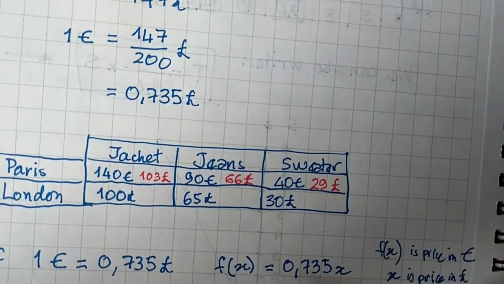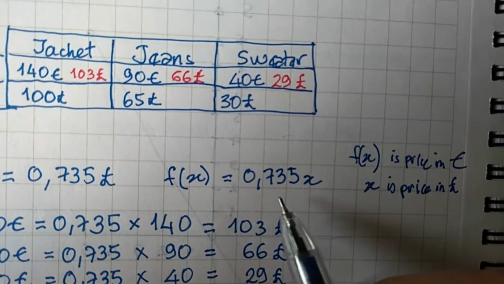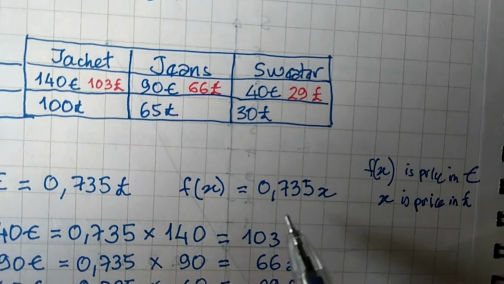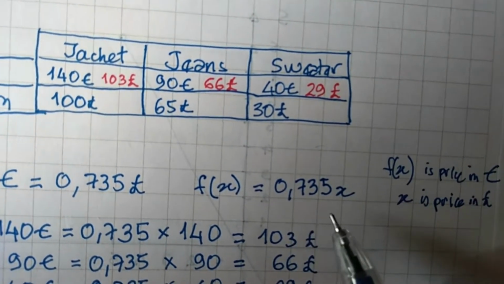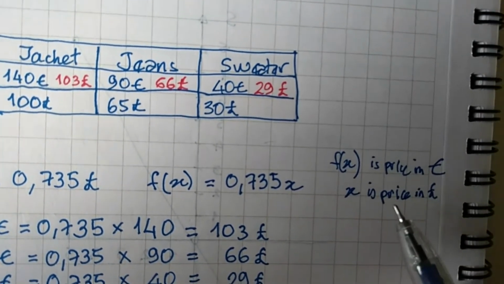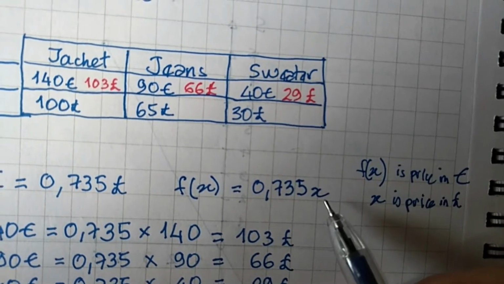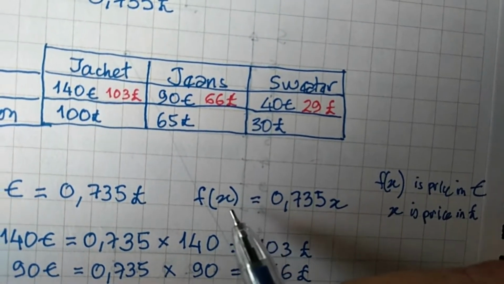So this is the function f(x) = 0.735x, where f(x) is the price in euros, x is the price in pounds. So you just have to replace x with the price in pounds to calculate the price in euros.